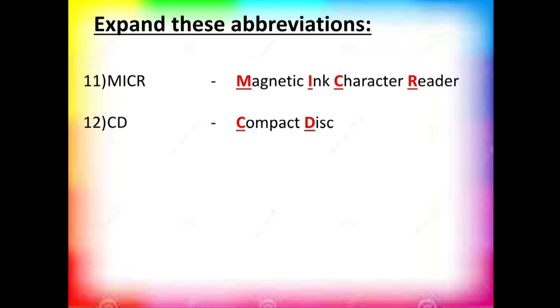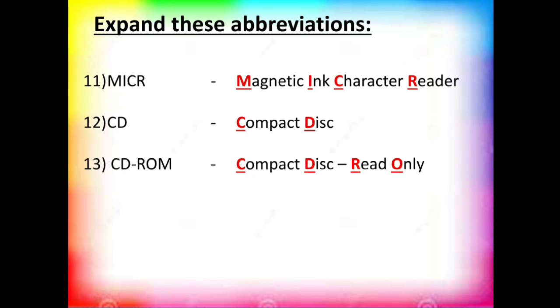C refers compact, D refers disc, compact disc. The next one is CD-ROM. So CD you already know, compact disc, and ROM refers read only memory.